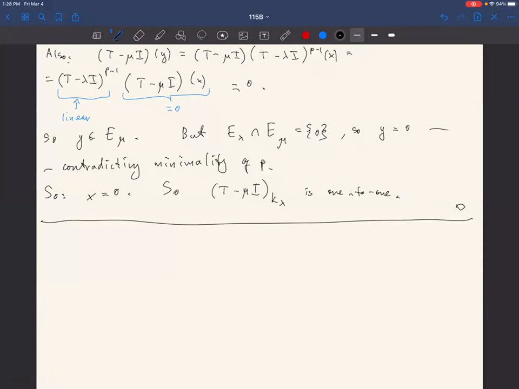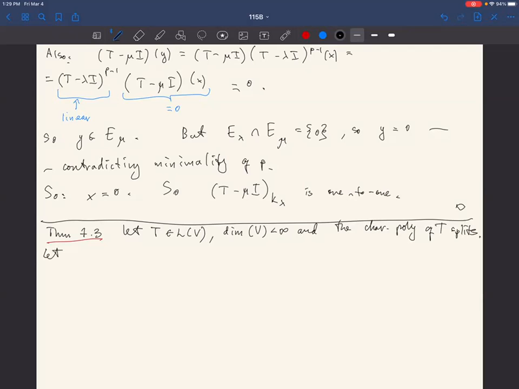Okay. So we start with the following theorem, and this is theorem 7.3. We're in the same situation as always. T is a linear operator on a finite dimensional vector space V, and we assume that the characteristic polynomial of T splits over the field of scalars F of our vector space in the usual sense.